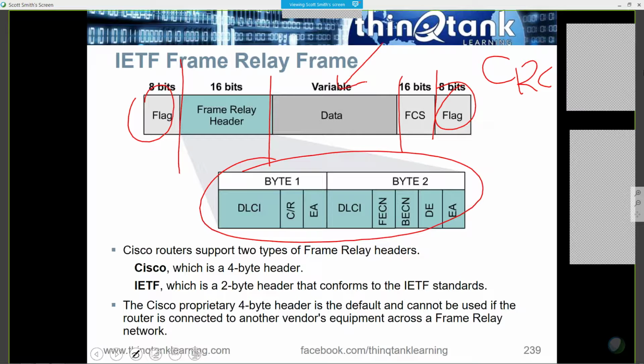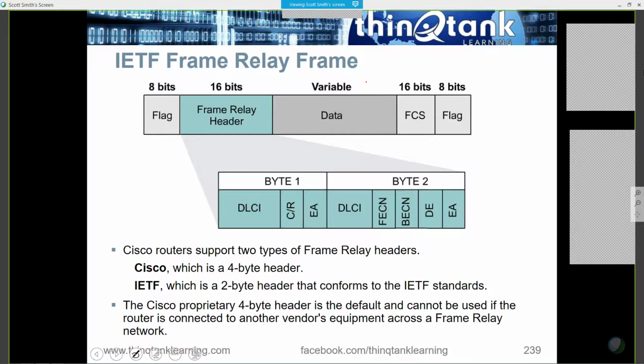Layer 3, layer 4, my payload. IETF encapsulation is not the same as Cisco. So if you're running a Cisco device to a non-Cisco device, you have to run IETF. Cisco to Cisco, you can run the Cisco encapsulation.